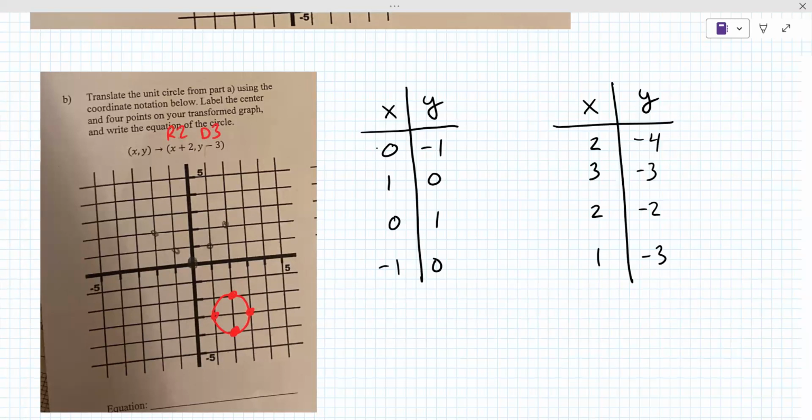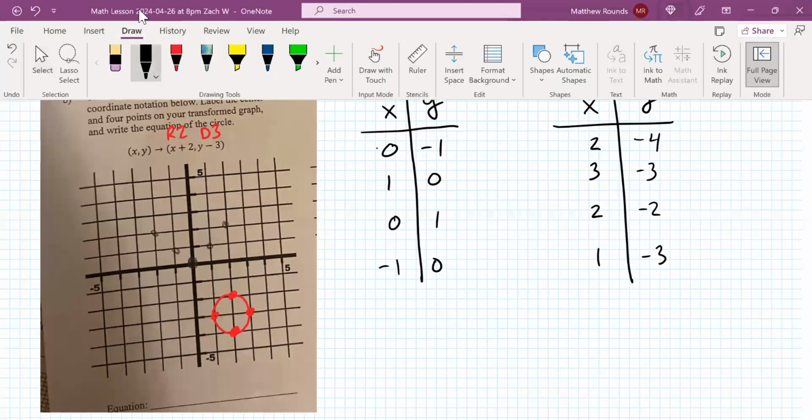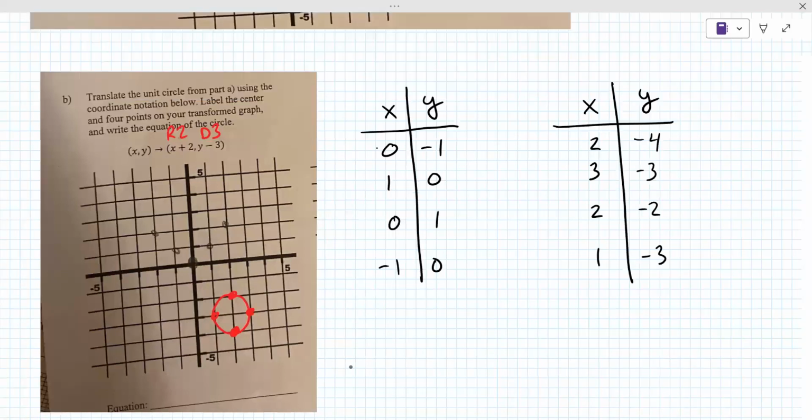And then what I originally wrote there. So this is called a coordinate notation, correct? Yes. And that means it's always going to be like 0, -1, 1, 0, 0, 1, -1, 0 when it's completely untouched.